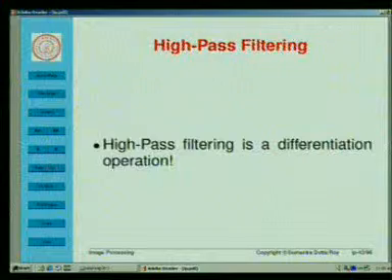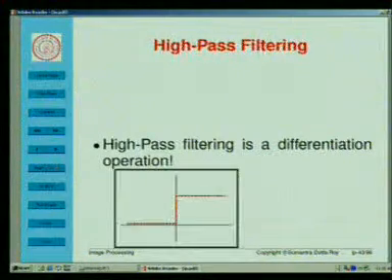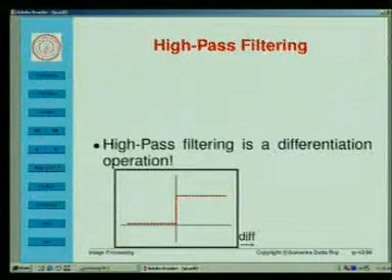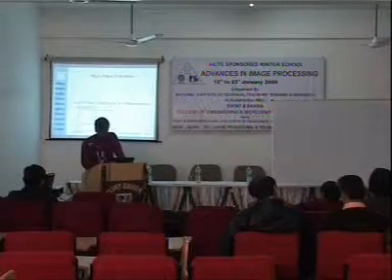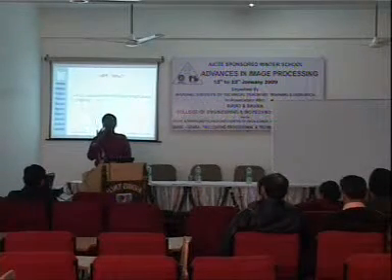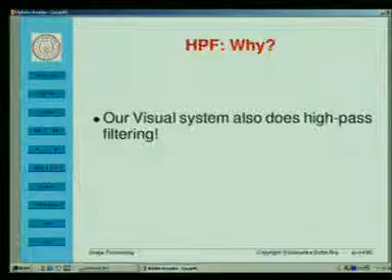High pass filter. Just as low pass filtering was an averaging operation, high pass filtering is a differentiation. Okay? Alright, these parts I'll quickly skip through. And again, our human visual system also does high pass filtering.